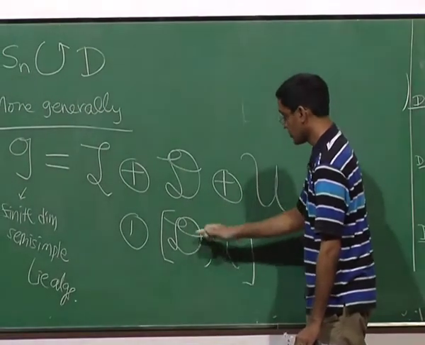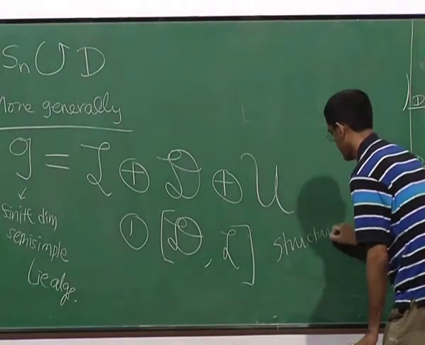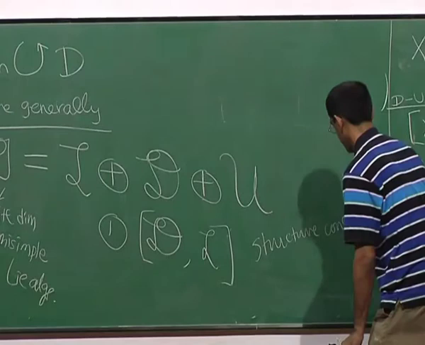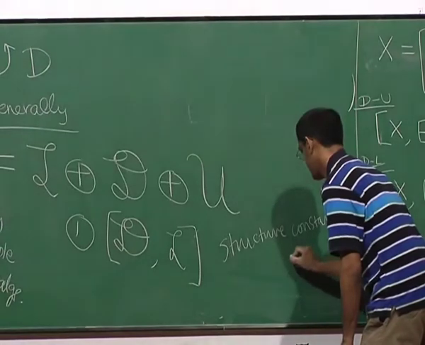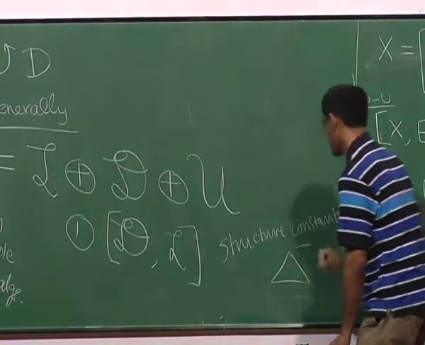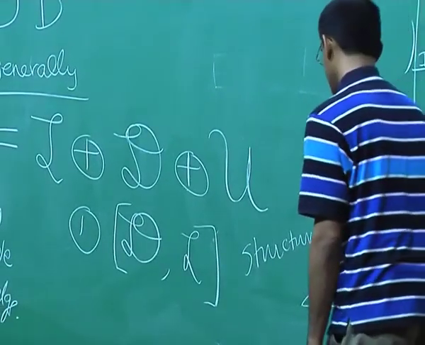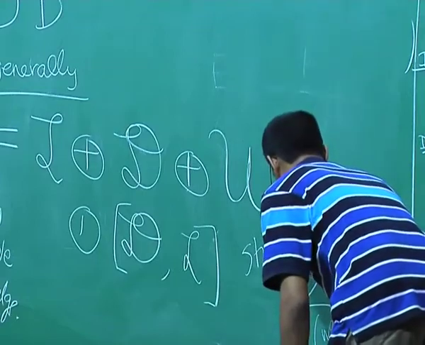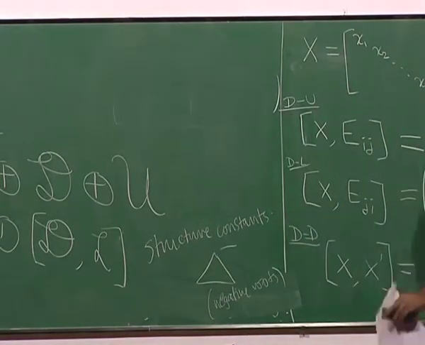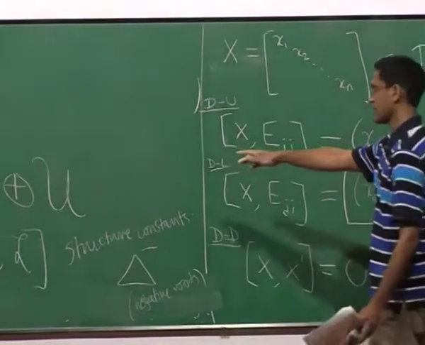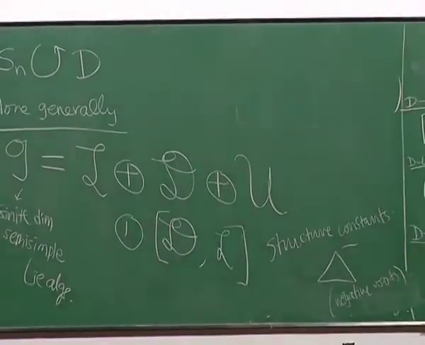So you calculate the bracket of D with L and you see what the structure constants are. You collect together the set of structure constants. That set is often called delta minus. These are often called the set of negative roots. So given any such Lie algebra, you can calculate brackets of D's with L's and obtain certain numbers, the structure constants, often called negative roots.